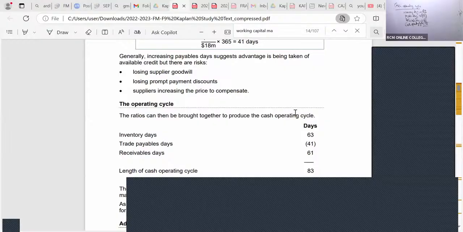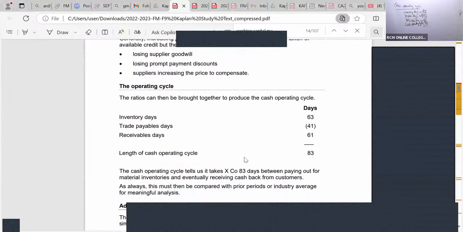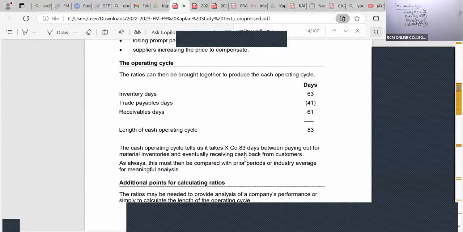So are you able to see this 83? The final answer here is 83. And they're explaining to you very well here. They are telling you that the cash operating cycle tells us that it takes company X 83 days between paying out for material inventories and eventually receiving cash back from customers. As always, this must then be compared with prior periods or industry averages for meaningful analysis.